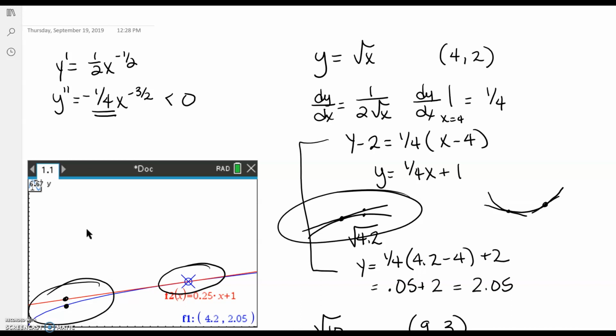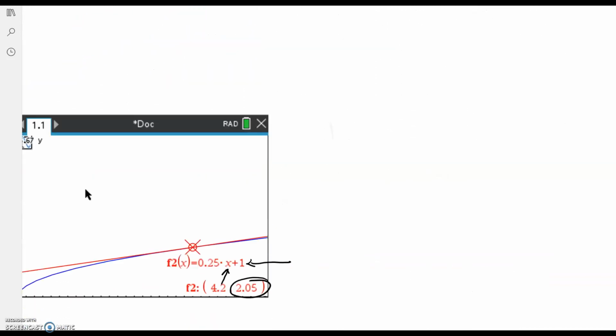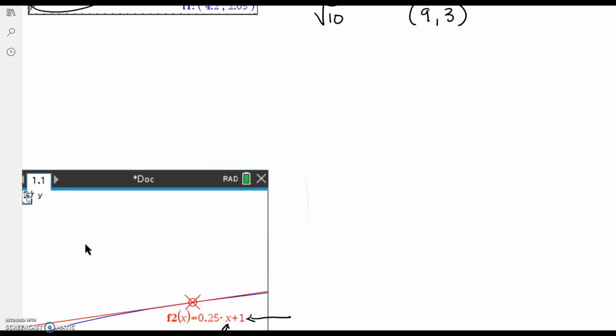And from that, then we can conclude our graph is concave down, and our approximation of 2.05 is actually going to be greater than the square root of 4.2. Again, from these two pictures, it looks like it's 2.05 for both.